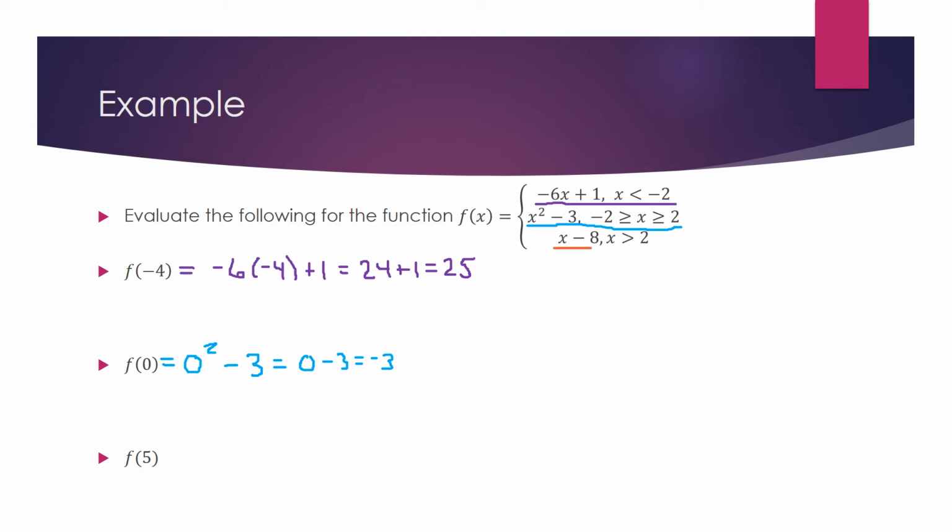For the last one, I'll do it in orange, and 5 is greater than 2, so we'll plug it into x minus 8. So 5 minus 8, which is equal to negative 3. And that's okay to have the same value for two different functions because of the fact that it's two different pieces of the function. So f of 5 is also equal to negative 3.